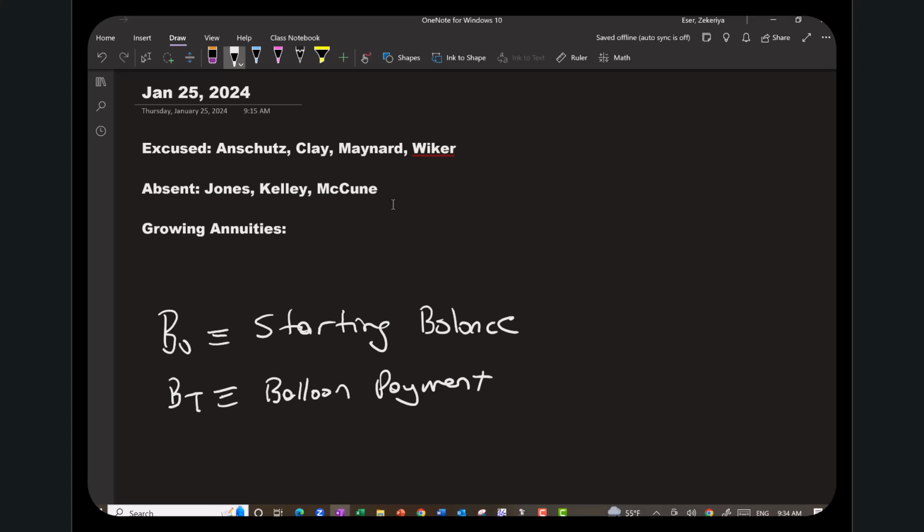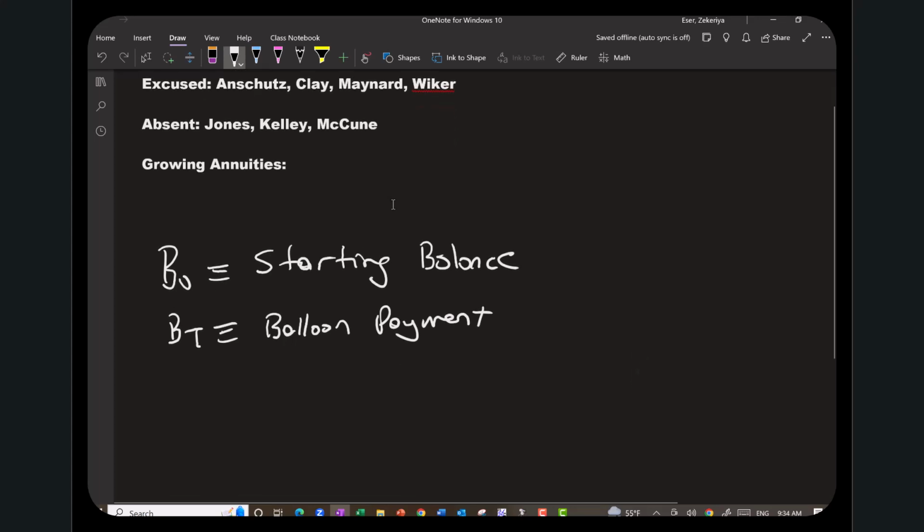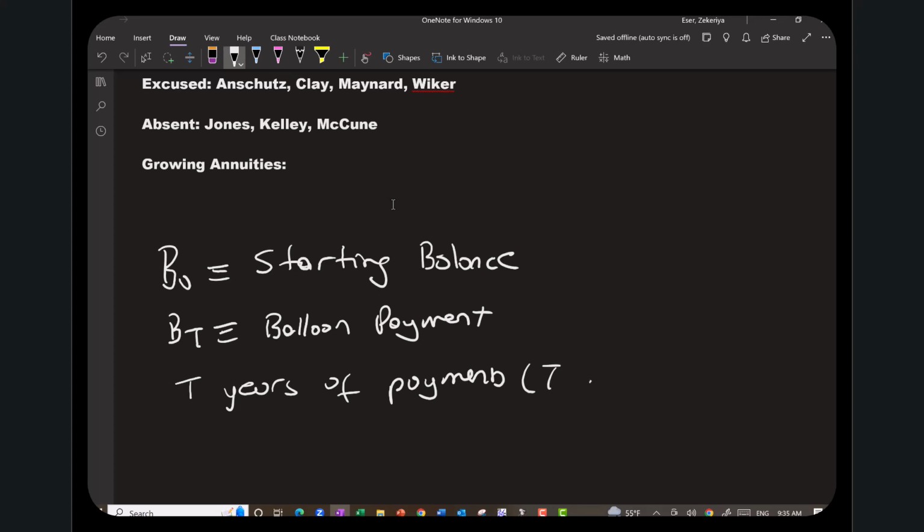If you want, you can have it, but it doesn't make much sense. And we're gonna have T payment, 3 years of payments, and T need not be an integer.